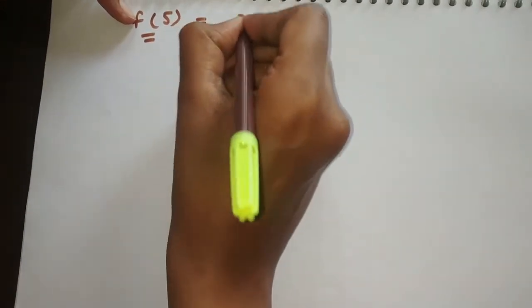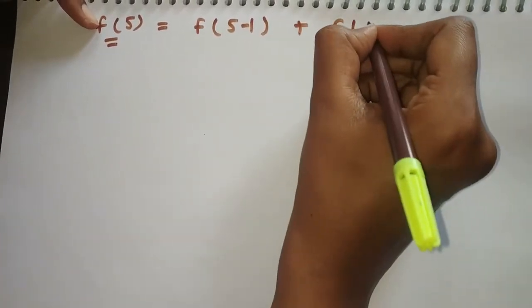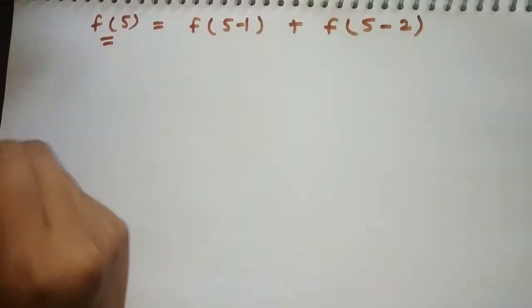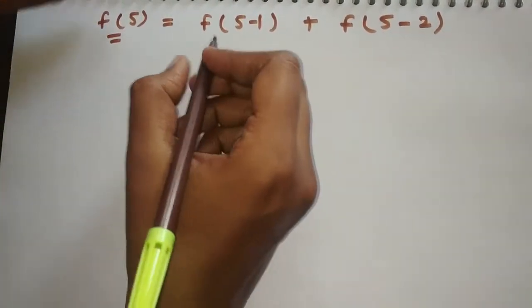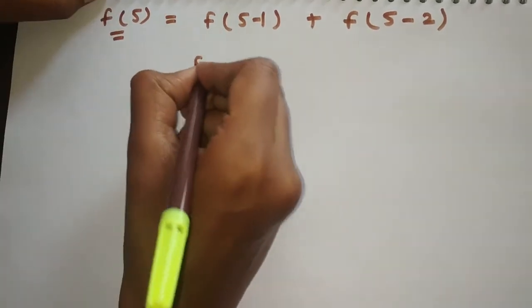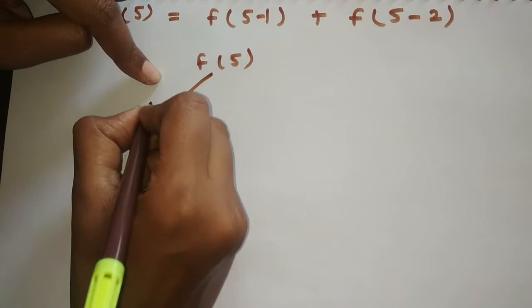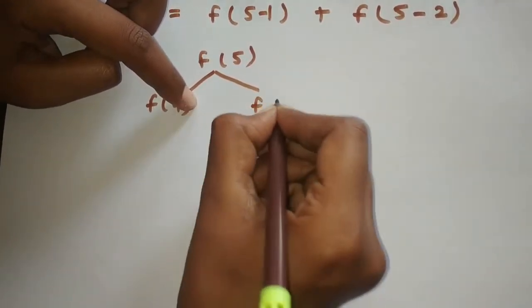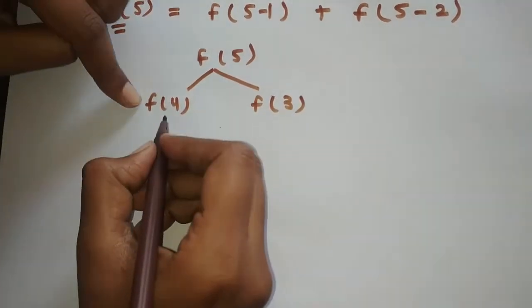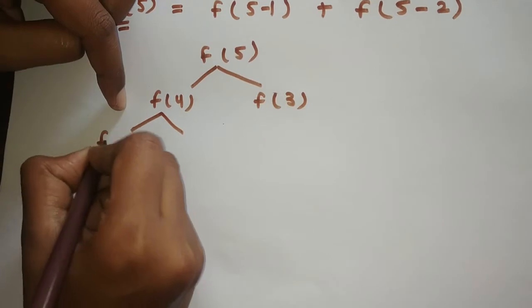So let's say we are solving for f of 5. To solve f of 5, what will be the equation? f of 5 minus 1 plus f of 5 minus 2. Let's say we generate a recursive tree for this f of 5. How can we calculate f of 5? f of 4 plus f of 3.